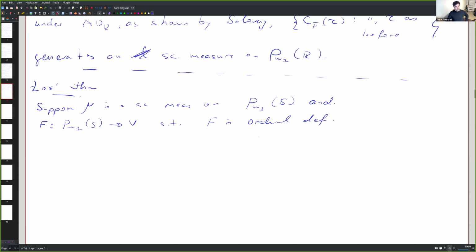And we also want not just that f is ordinal definable, but also that f of sigma is OD from sigma and members of sigma.